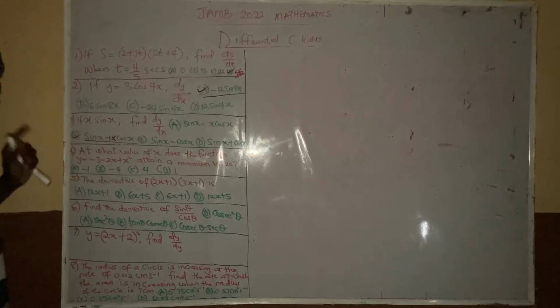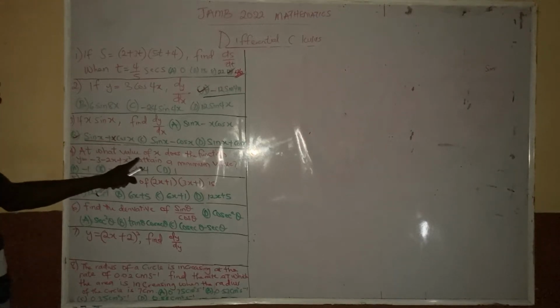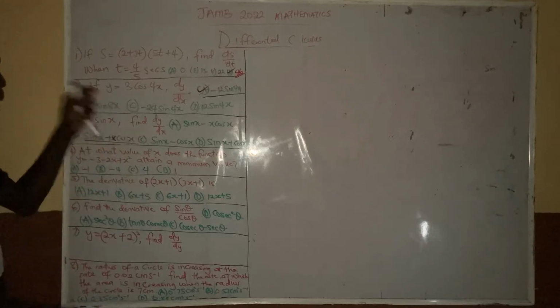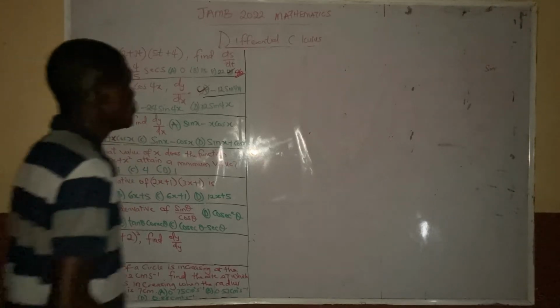So question 4 says at what value of x does the function y equal to minus 3 minus 2x plus x squared attain a minimal value? A minimal value.